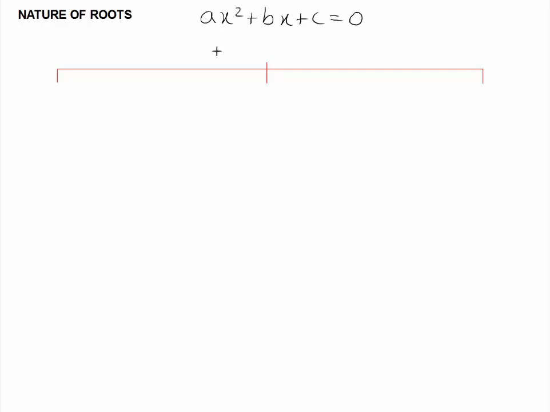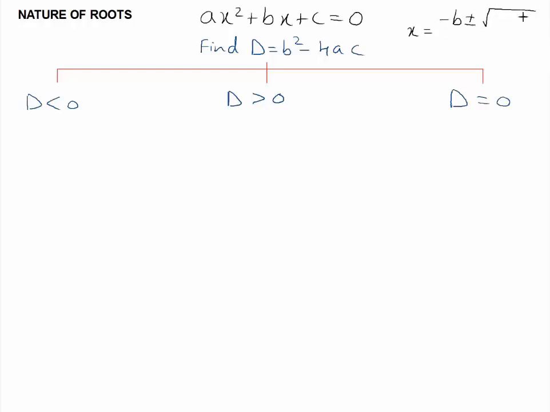So let's see how. First we find the discriminant, which is b square minus 4ac. Now we will have three scenarios. Either the discriminant will be less than 0, or the discriminant will be greater than 0, or the discriminant will be equal to 0. So if the discriminant is less than 0, we know by formula x equals minus b plus minus square root of b square minus 4ac, which in this case will be capital D, divided by 2a.